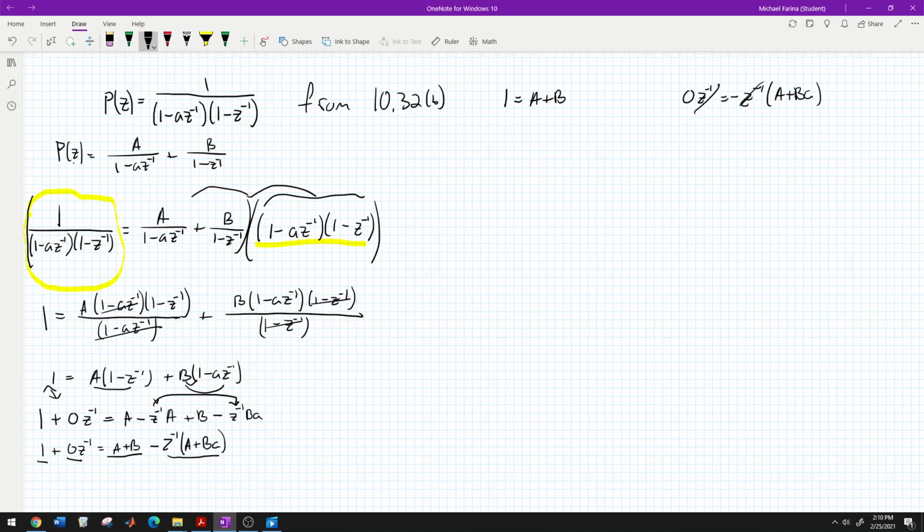Well, those Z inverses are going to cancel. So now I have 0 is equal to negative A plus B times little a, and if I add A and subtract B times little a from both sides, I get A is equal to B times little a.